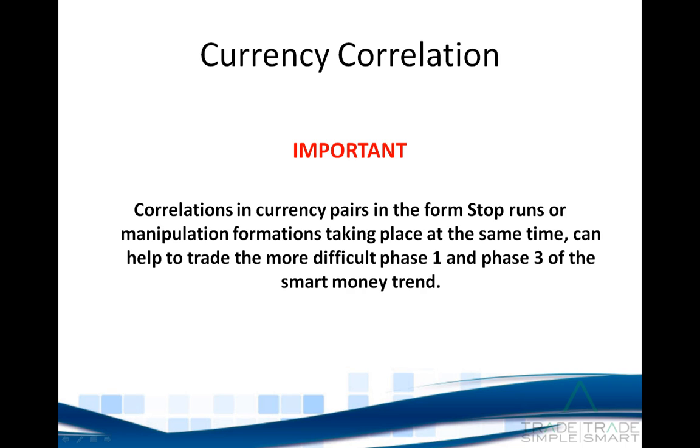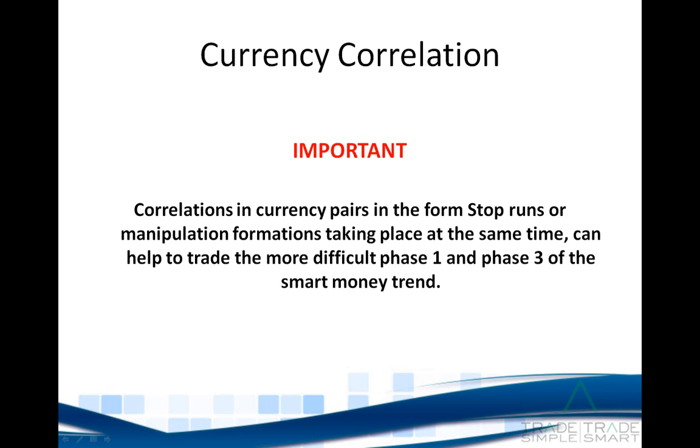Now, when we looked at our section on identifying the phases and trading in line with the smart money trend, we identified that phase 3 and phase 1 are the most difficult to trade. So when we're in phase 3, which was level 3 accumulation, you learnt that we would generally trade both sides of the market, and this is because there was no identifiable trend to the up or to the downside, and the market generally stayed within a relatively tight range until the breakout and the formation of phase 1.